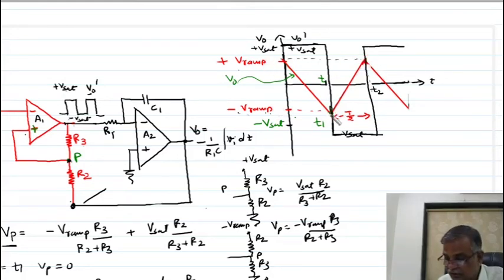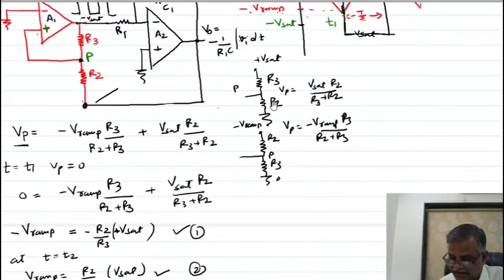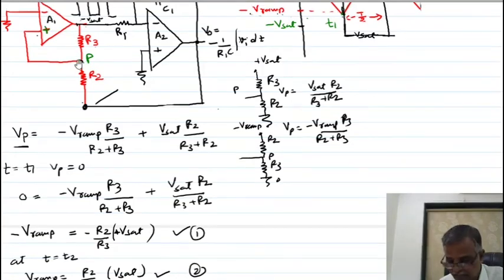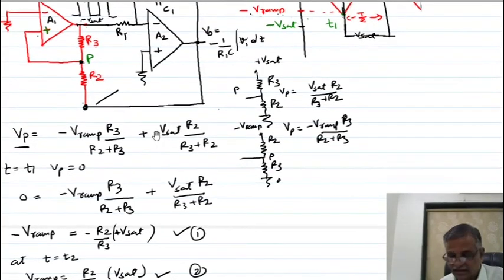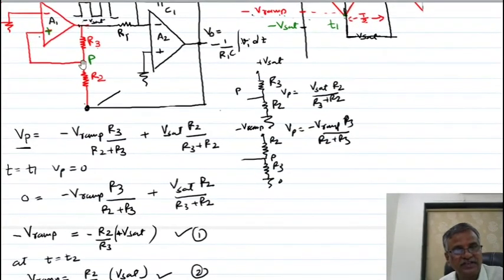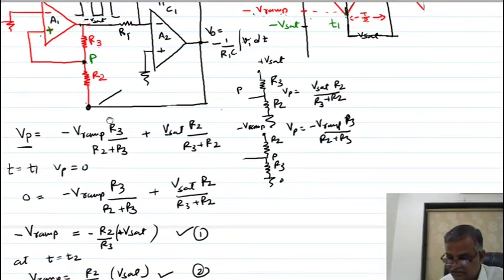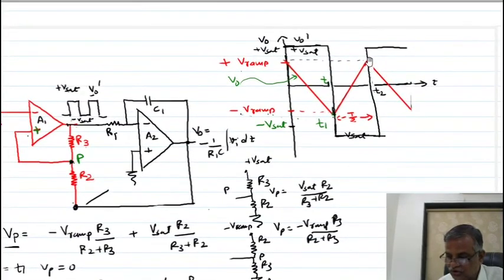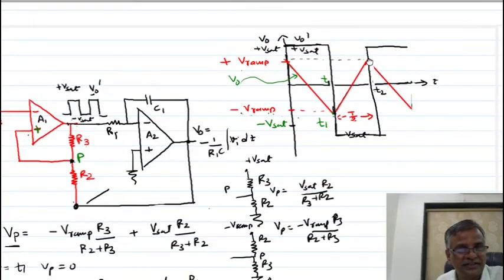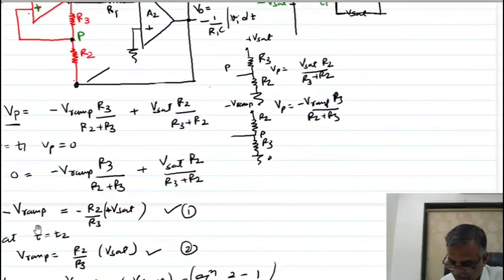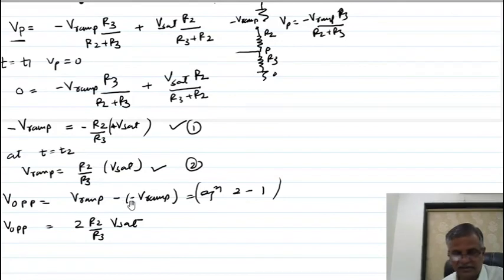How do you calculate it? Using the superposition principle, I get the voltage at point P. When it is slightly below 0, at 0 voltage, I can write this. This is at time T1. Similarly at time T2, slightly above 0, I can write this equation. Equation 2 minus equation 1 gives the output voltage: 2 R2 by R3 V set.